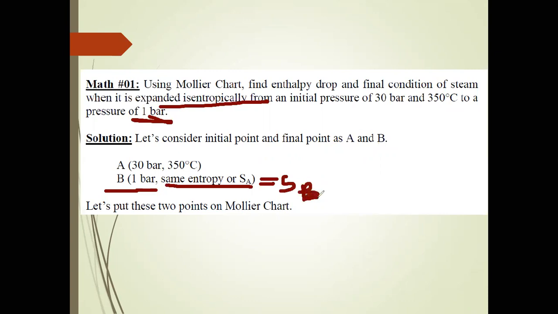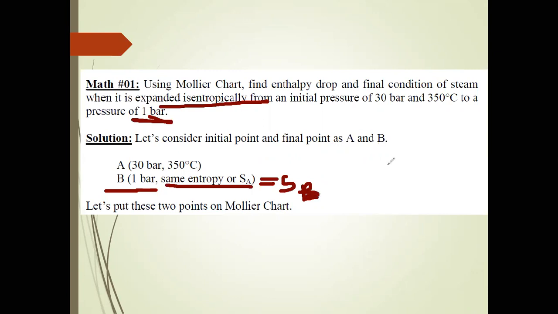So at both points A and B, we get two pieces of information individually. Let's take this information and put the two points on the Mollier chart. Identify the two points in the Mollier chart.